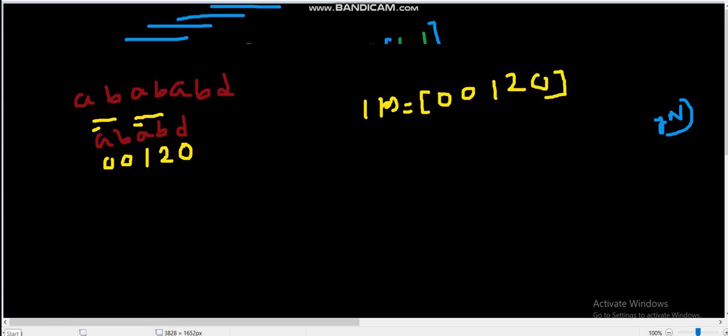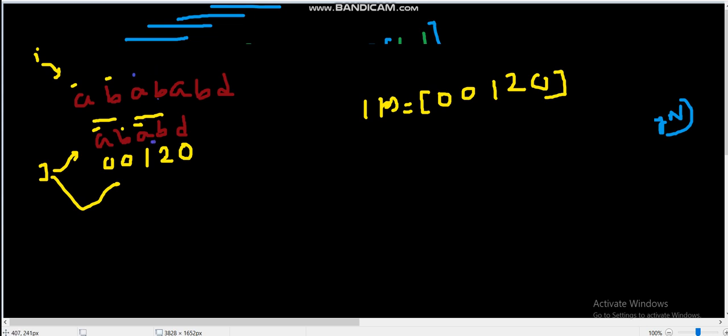Now what is the algorithm, how are we finding the existence of the pattern in the string? So we'll set i equals 0, j equals 0. Let's say i is iterating over the text, and j is iterating over the pattern. We try to match this A with this A. I and j are matching, so we'll increment the value of i and j.